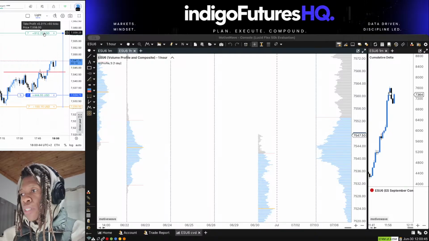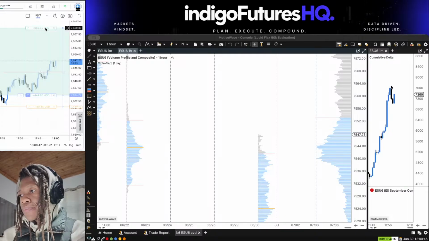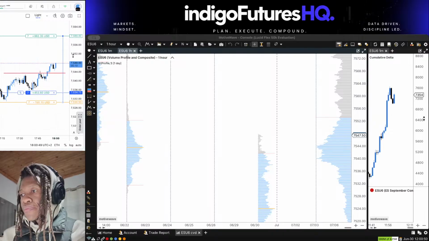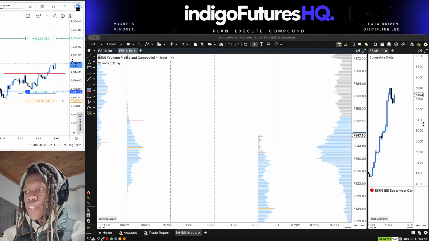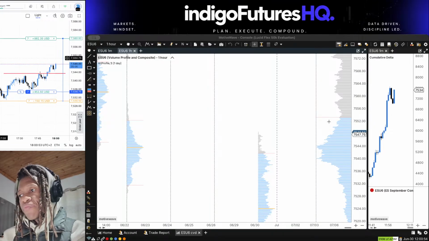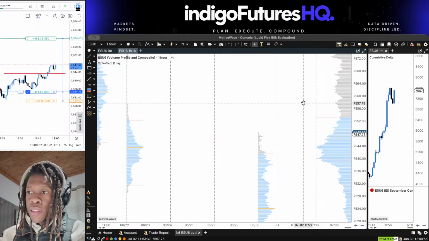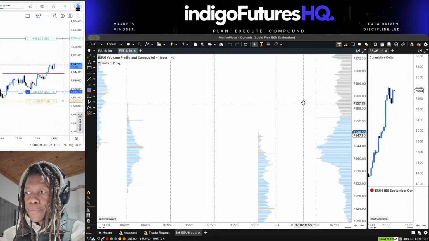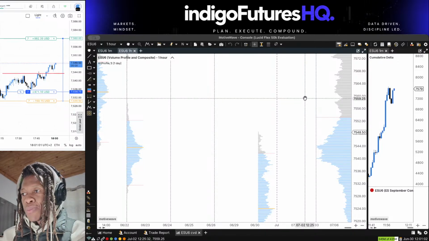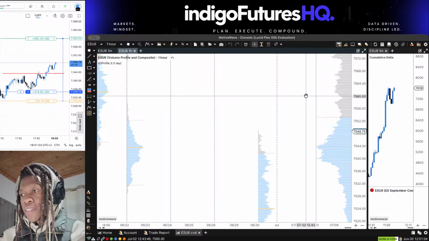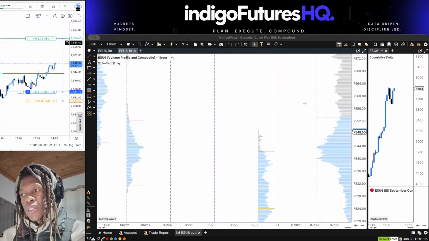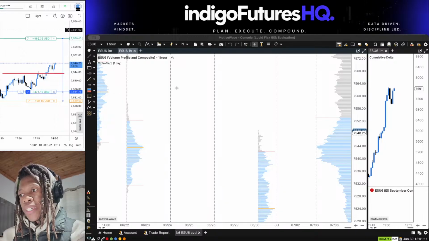Gonna make this 560. It's gonna keep us here a little longer, but targeting this volume node now instead. Yeah, actually target more here, 560. It might be a little greed.